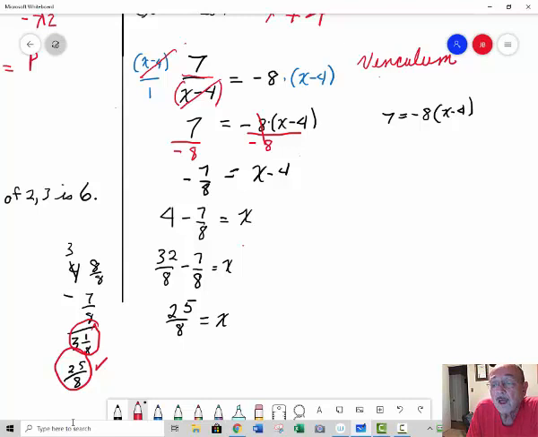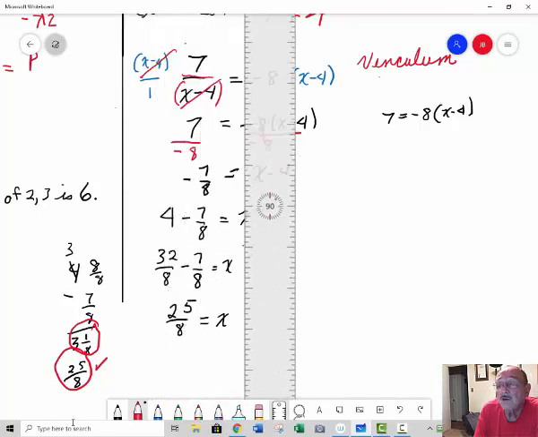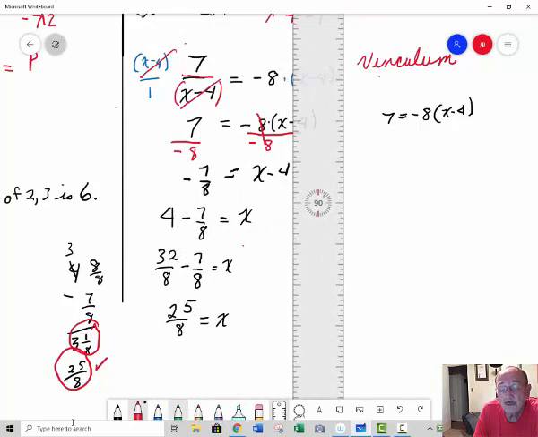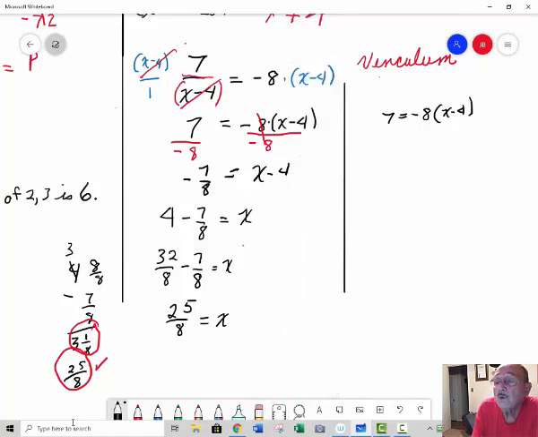Alright, so let's look at this other one over here. If you'll let me draw a vertical line first to separate these two little rascals, it'll cut down on the confusion a little bit. Now, what I can do is use the distributive property.